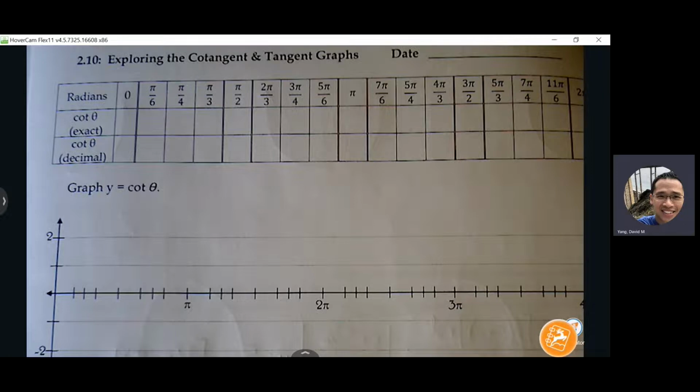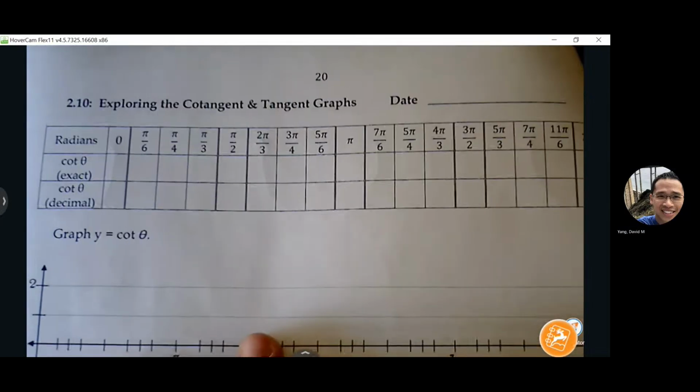I'll come back to this page for those of you who are still on number 10 or starting 11. Okay. All right, so here's page 20.